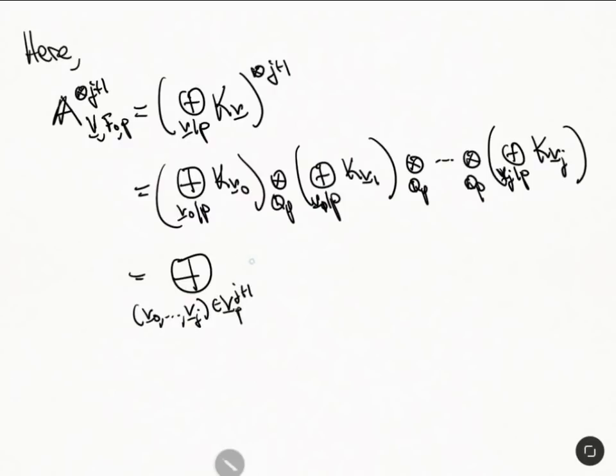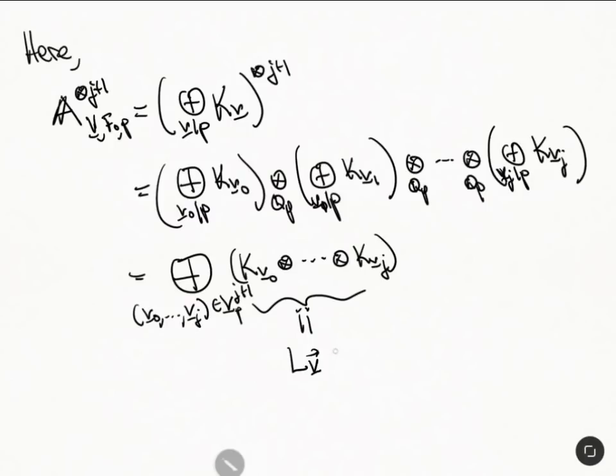E. Okay, sorry. Of K V0 tensor V underline J. And so this thing here, this is what we defined to be equal to L of V like this.